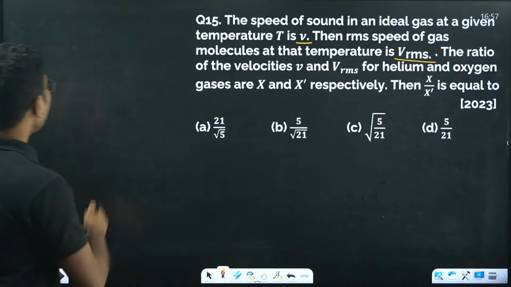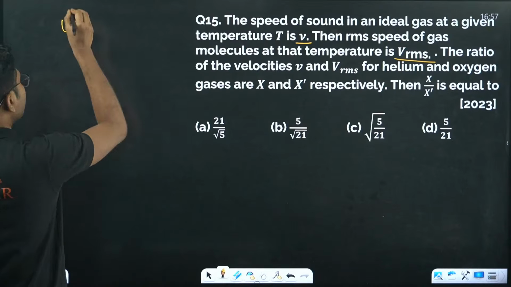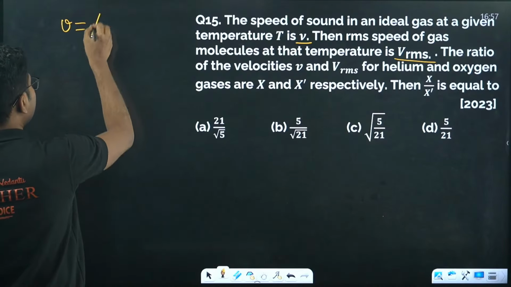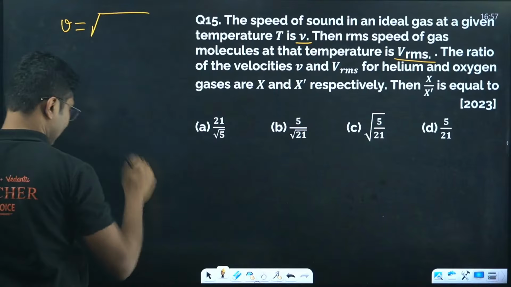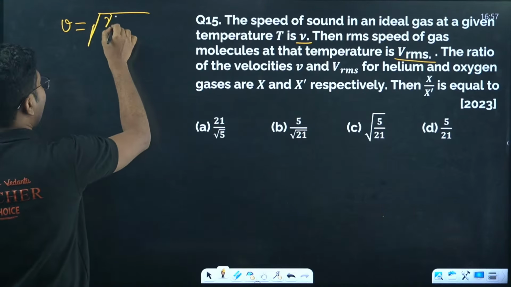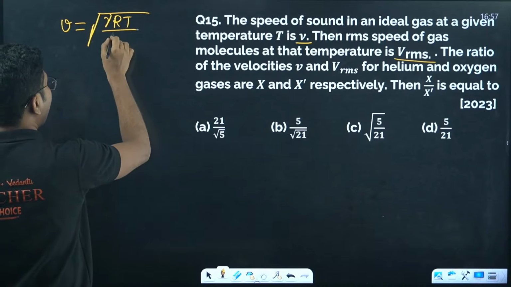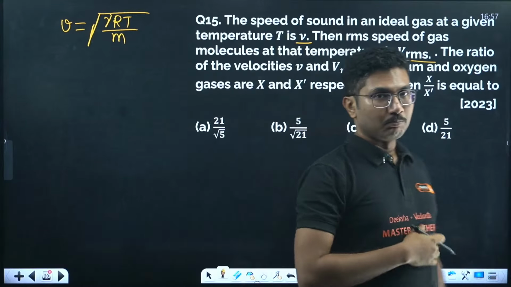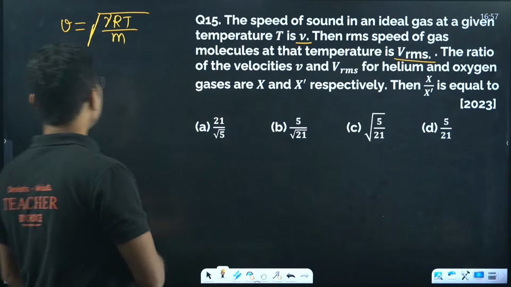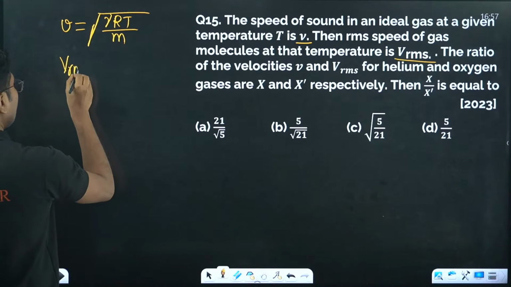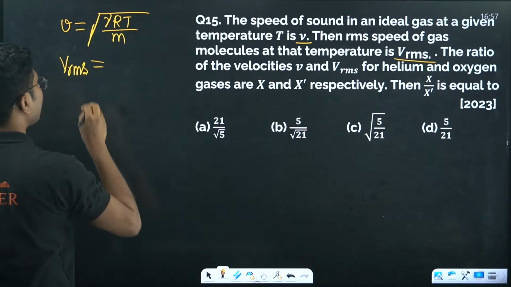So first of all, what is the speed of sound in air? The speed of sound in air can be represented by this formula from Laplace's correction, root of gamma RT by M, where M is mass. What about the speed of gas molecules?